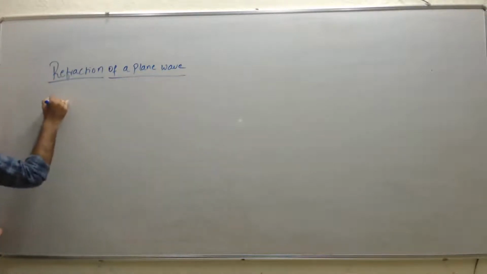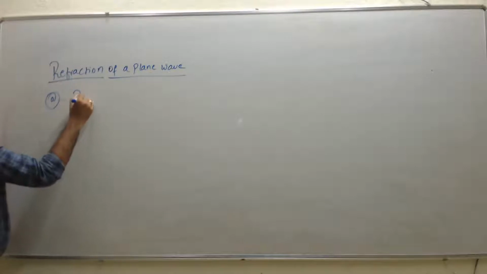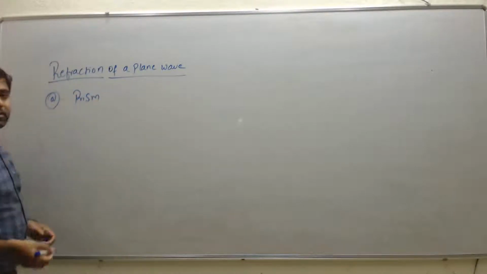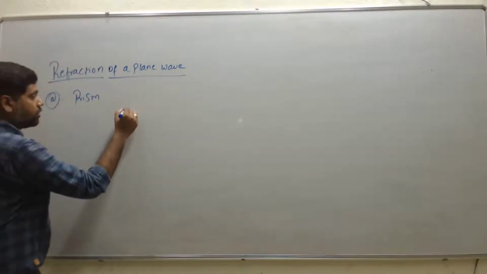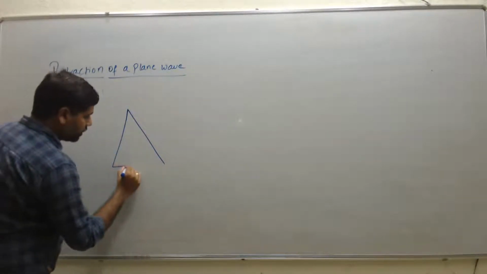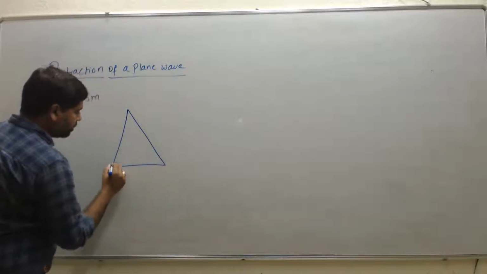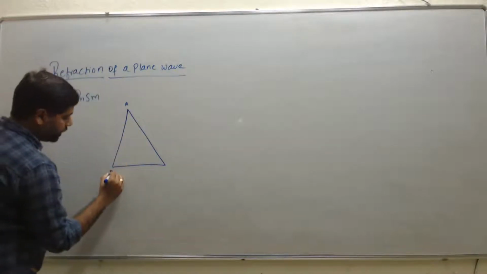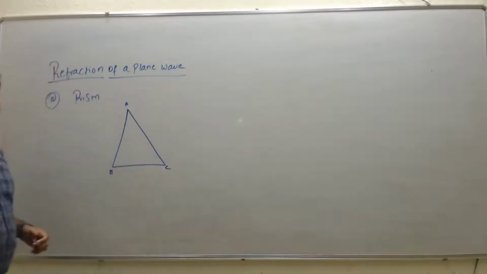The first one we are going to discuss is the prism, that is, a thin prism. So if I draw, this is the thin prism A, B, C. Here BC is the base.